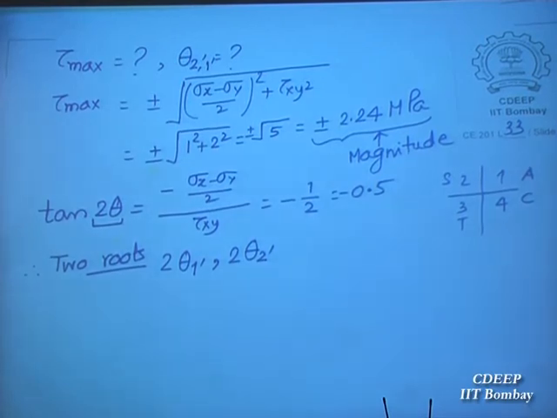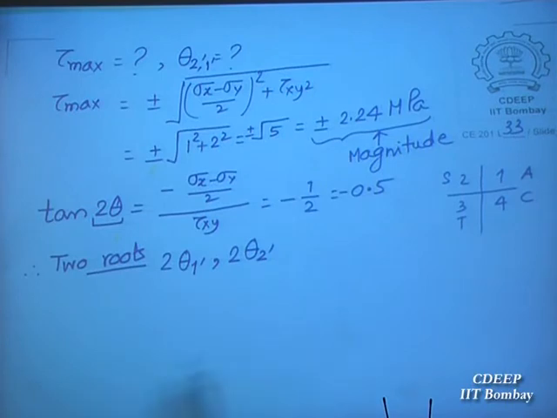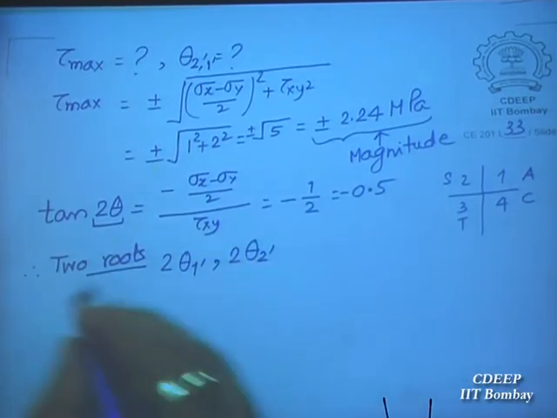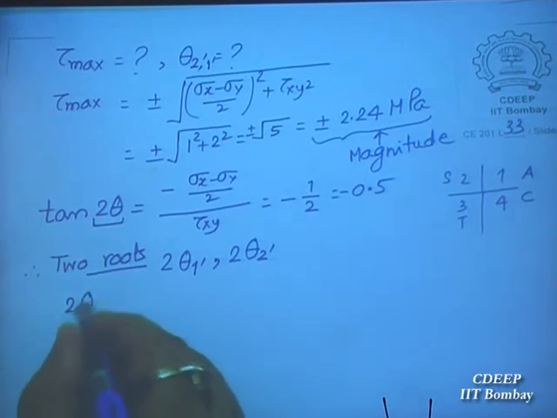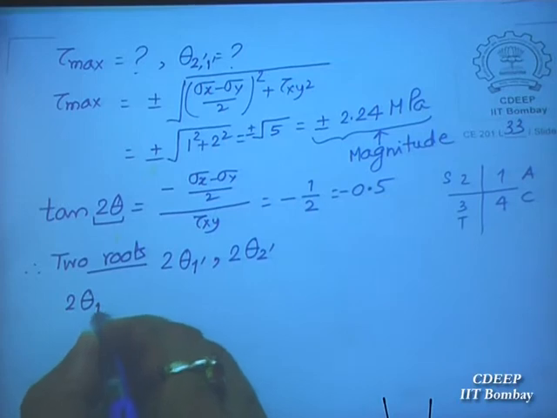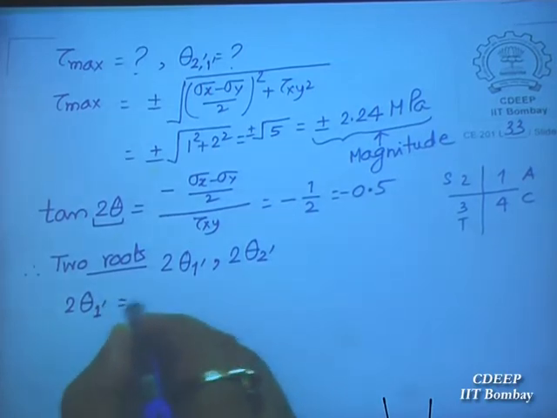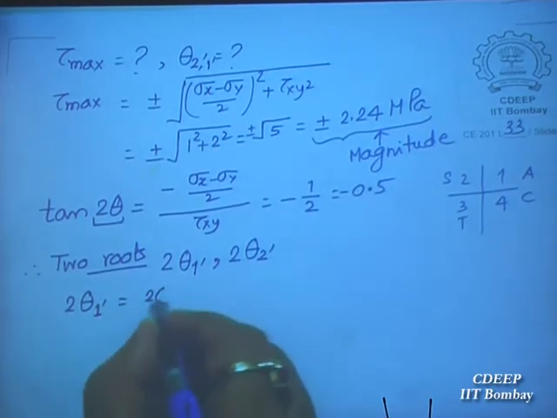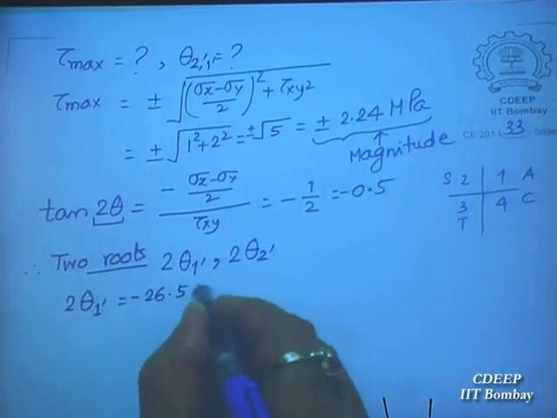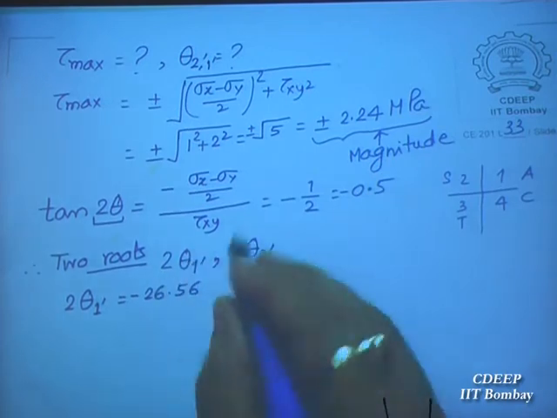Because I have got a different value here, unless it is a question of interpretation. So what is the value of 2 theta? According to you, minus 26 and the second plus 180.